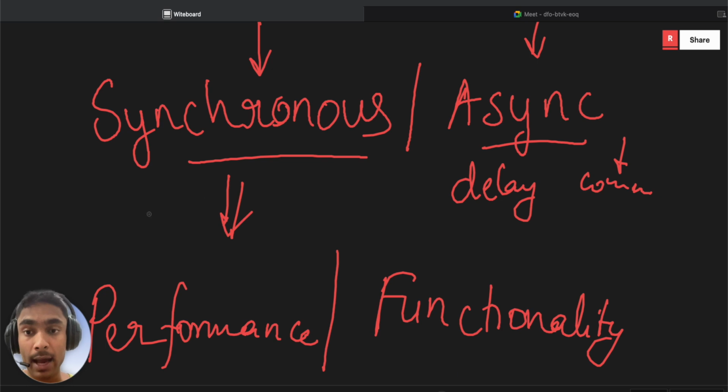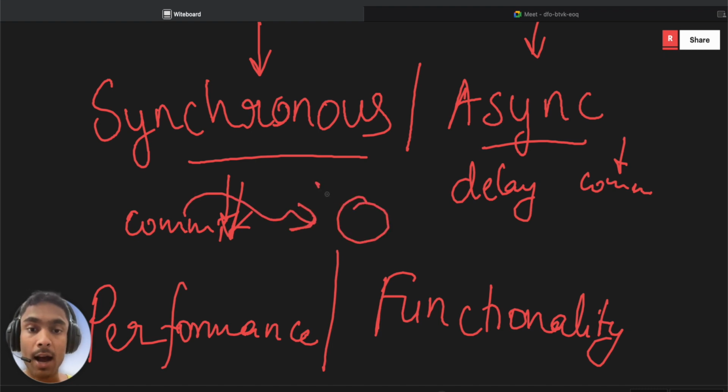Why? Since every commit is going to be much slower. Because that has to be propagated to every server, and after all of these servers have committed, then this transaction is going to be committed. So these are the trade-offs that we have to manage in such situations.